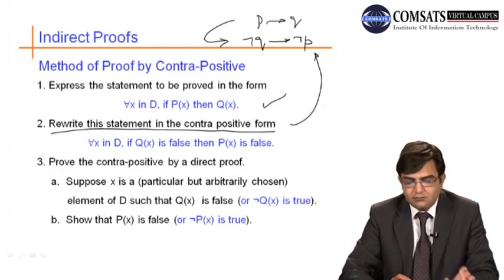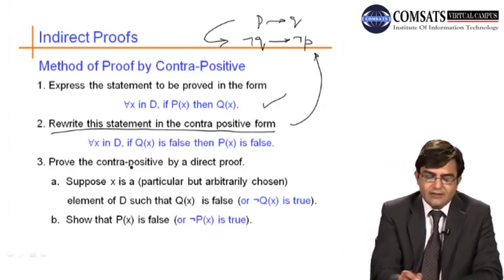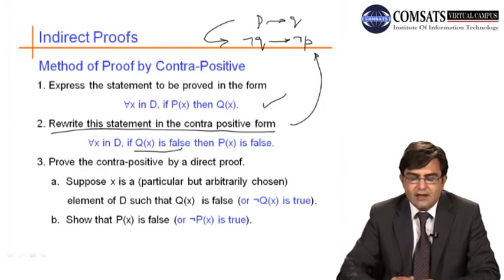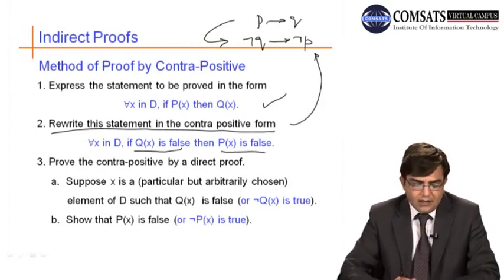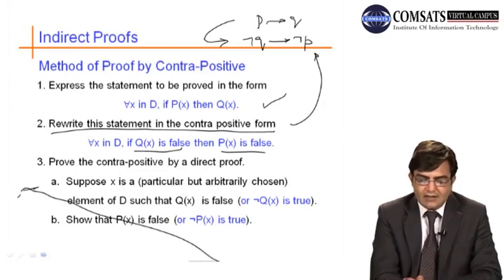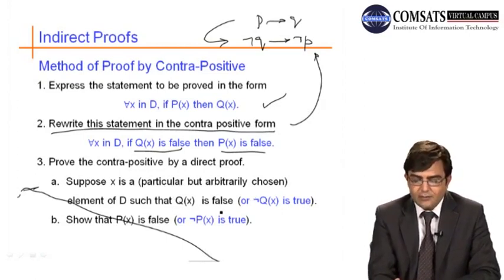By the direct method of proof, we suppose the hypothesis of this conditional statement is true, and then we shall prove that p of x is also false. As you can see, we suppose that x is a particular but arbitrarily chosen element of D such that q of x is false, or that not q of x is true.